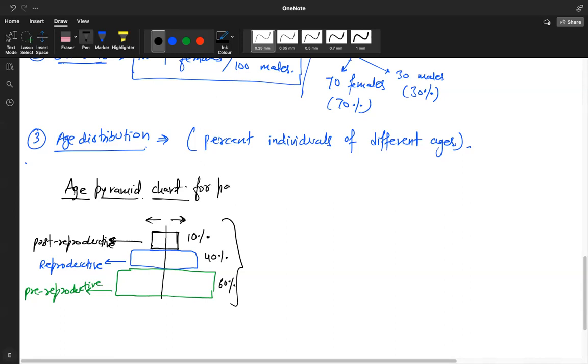Expand. But why will it expand? What is your rationale to say it will expand? If I just ask you, 40% of individuals in the population are in the reproductive phase, and the rest, 60 plus 10, 70%, are still not in the reproductive phase.